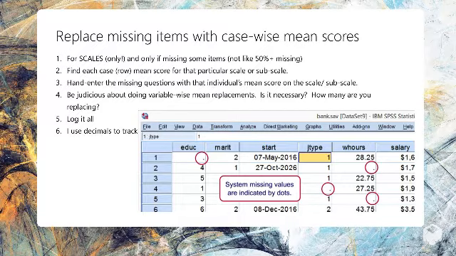Be judicious about doing variable-wise mean replacement. For things like education that you see there, you can replace that with the mean education for the entire sample. If you're doing that for 1 or 2 cases in a data set, that's probably fine. However, if you do that with a large number of cases, then it becomes a big problem. You actually make your data leptokurtic, so you want to make sure it's necessary, and that you're not replacing too many cases.